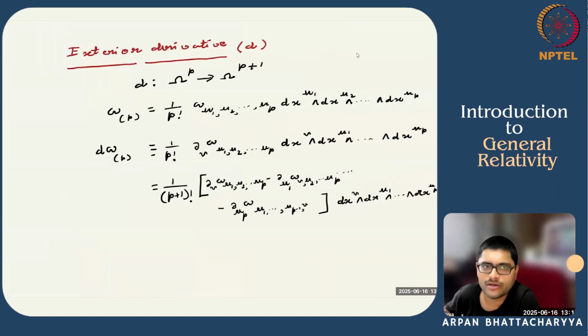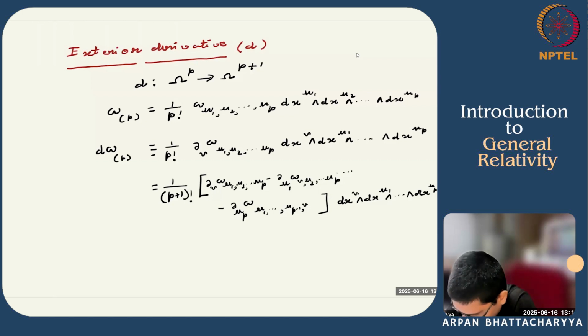Now we move on to the discussion of something called the exterior derivative, which we denote by this small d. It takes a p-form and gives you a (p+1)-form. So let's take a generic p-form, which we denote by omega_p.